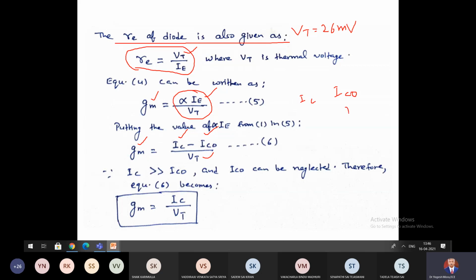So leakage current is in microampere, very small, whereas IC is in milliampere, right? So IC is greater than ICO. So you can neglect ICO, this current. So since IC is greater than ICO, ICO can be neglected. So what we will get? GM is equal to IC by VT. So this is the expression which we will use for conductance, transistor conductance.